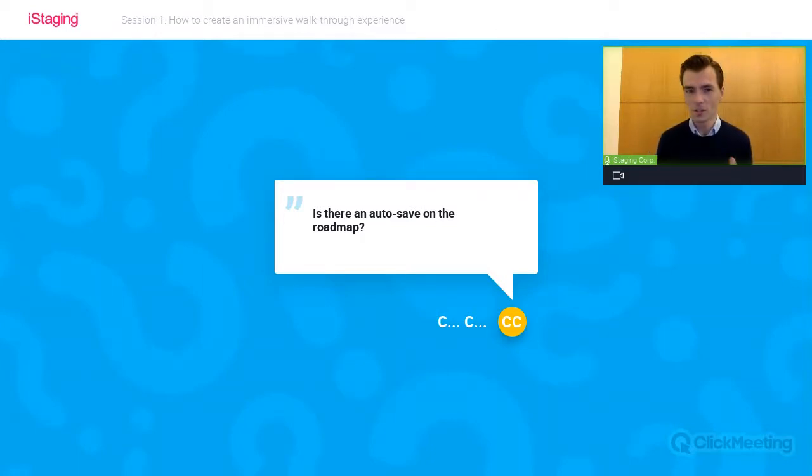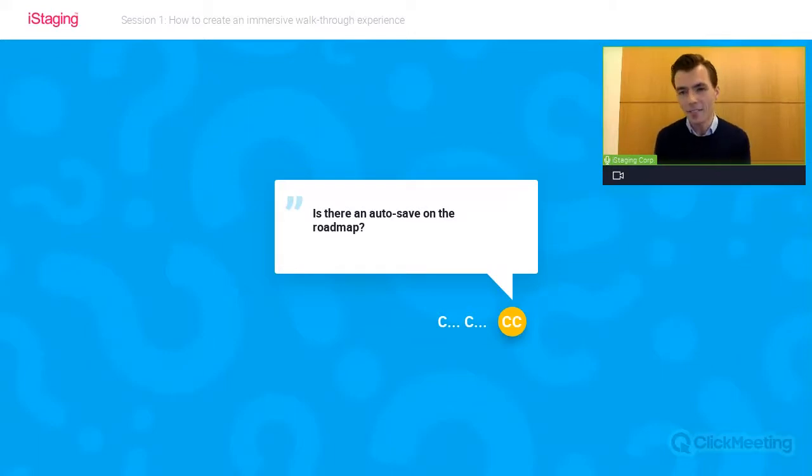Miss or Mr. Chang, I apologize, I'm not quite sure. Is there an autosave on the roadmap? An autosave functionality, meaning you don't have to click save every single time, I assume, in any of the VR editors. Right now, that's not available. It's a very good suggestion, and we will definitely talk to our team about an autosave option.